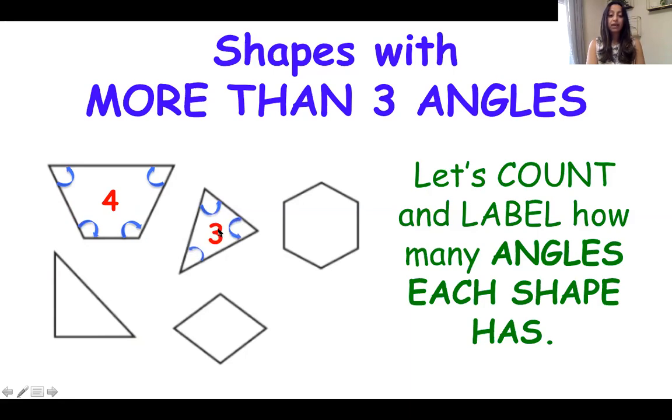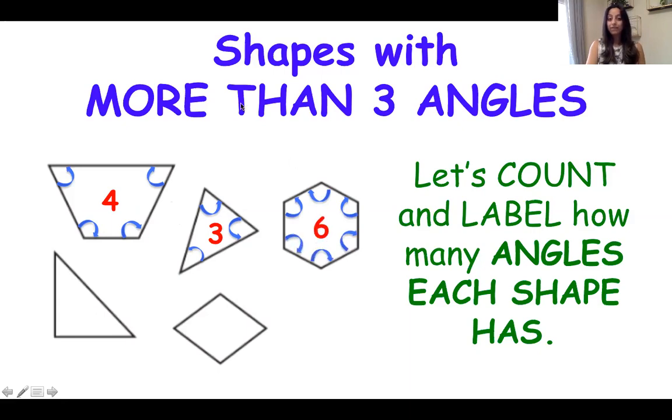This shape has 3 angles. So far, this shape follows the rule because it has more than 3 angles. 4 is definitely more than 3. This one doesn't because it only has 3. It doesn't have more than 3. Let's keep going. 1, 2, 3, 4, 5, 6.